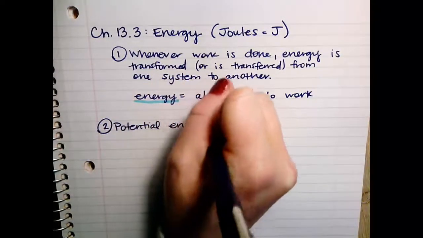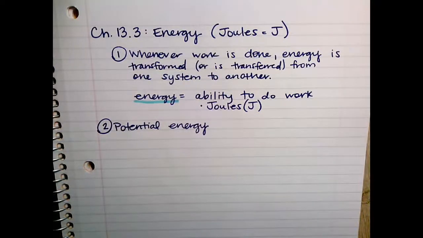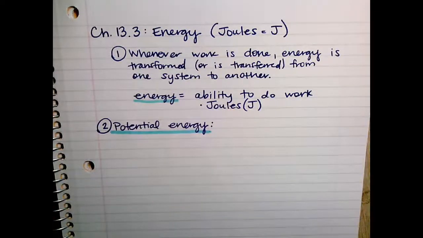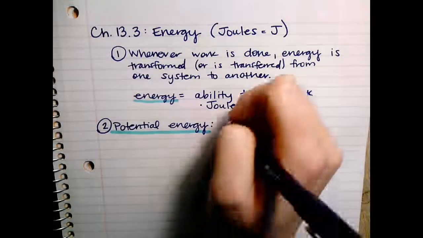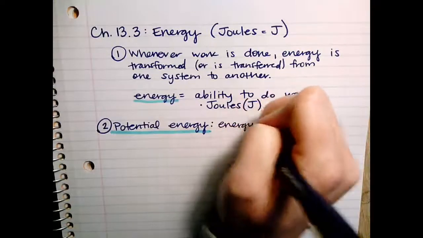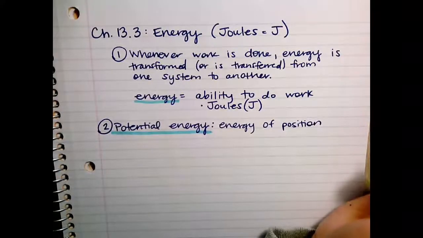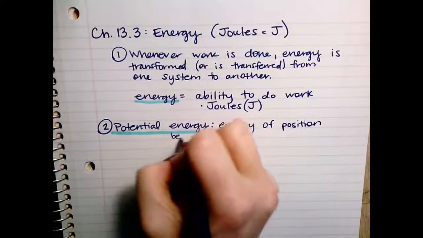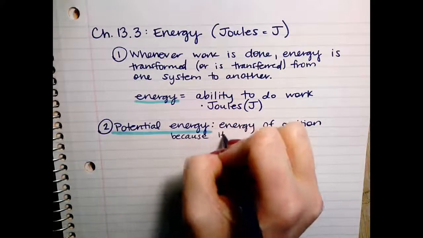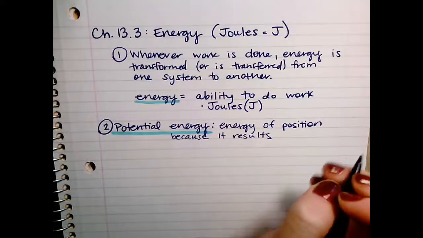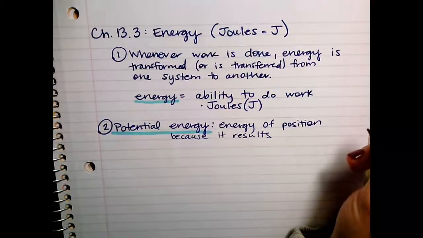Now, I know you guys have learned most of this before, so I'm going to go over it kind of broadly, but I would like you to make sure you write all of this down. So potential energy, I'm going to underline, this is a main vocab word, is the energy of position, because it results from the relative position of an object in a system.